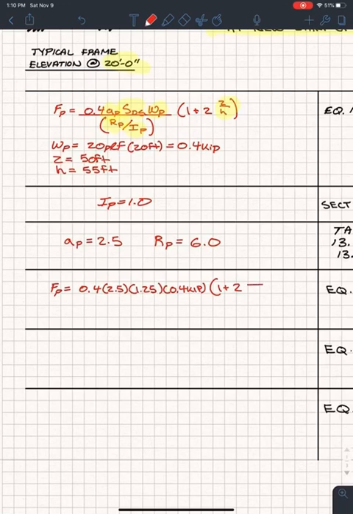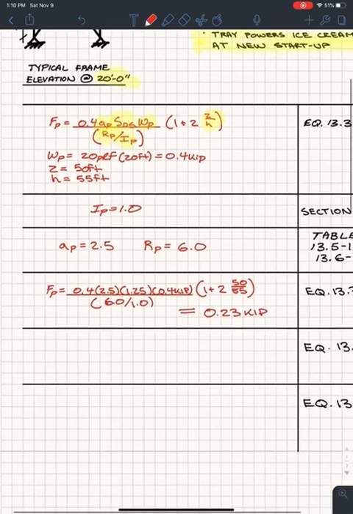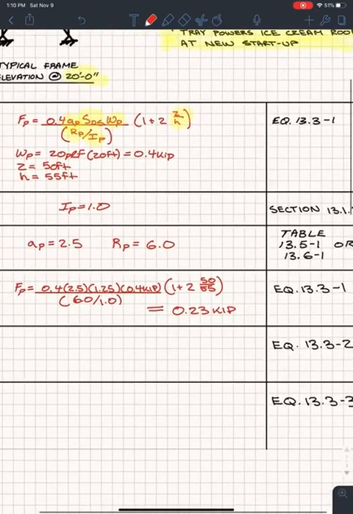Okay. Now what does that come out to? So that's actually going to come out to 0.23 kips. Okay, but wait, we are not done yet.